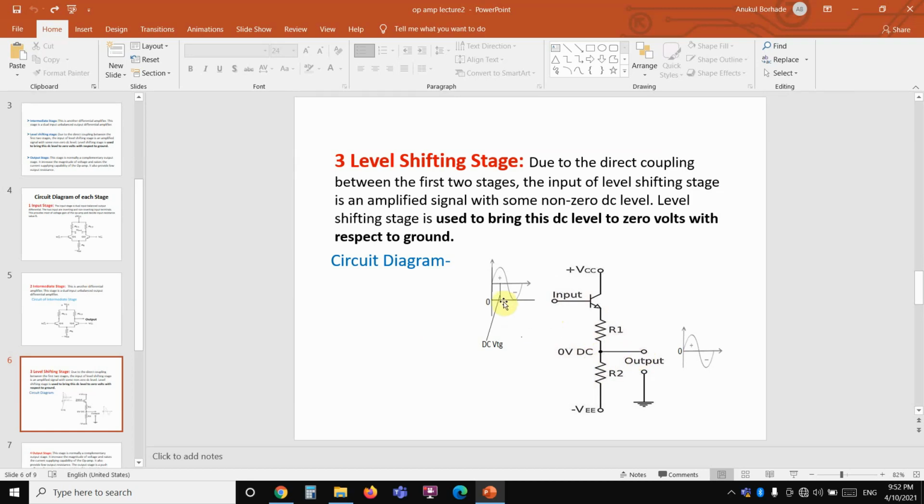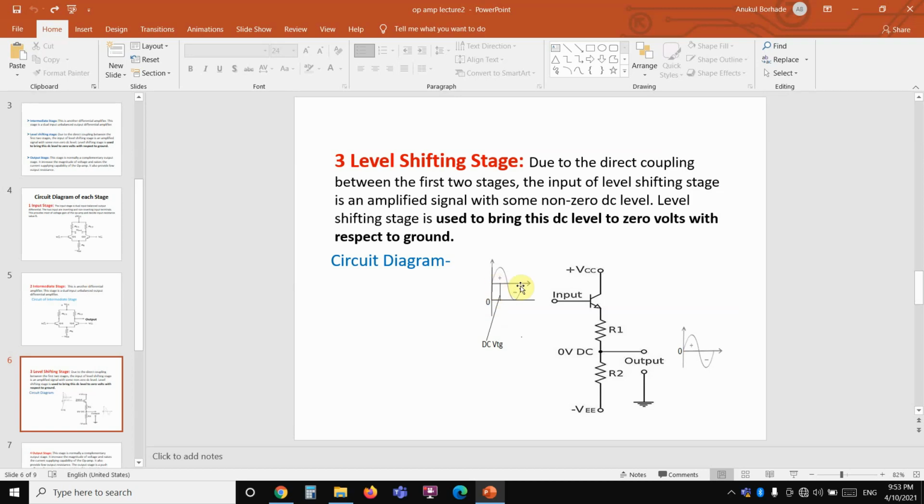At the input side, see, there is a DC as well as an AC signal. Why is there a DC and an AC signal? Because in the first two stages, the input stage and the intermediate stage, there is no coupling element. Due to that, what happens? The input of the level shifting stage has DC as well as AC signal, means the signal is shifted from zero, right?